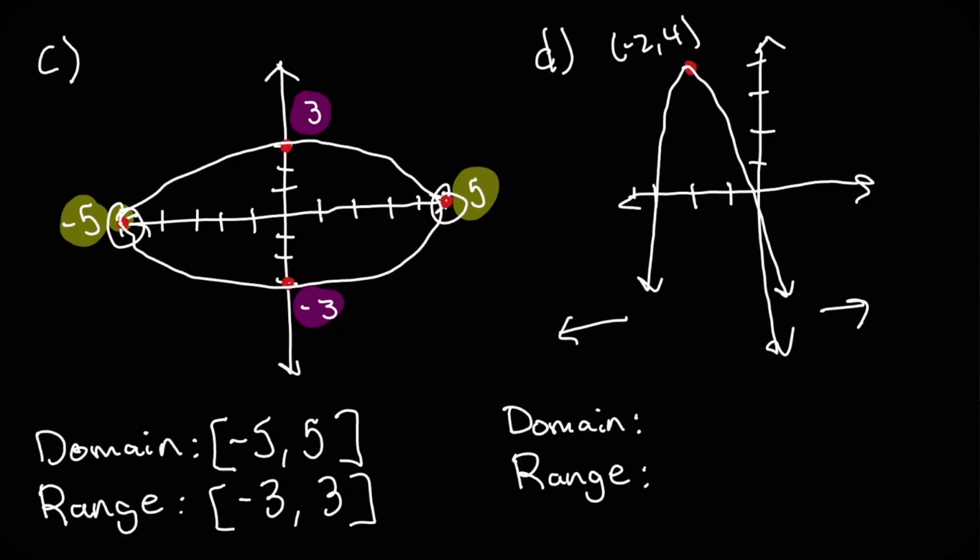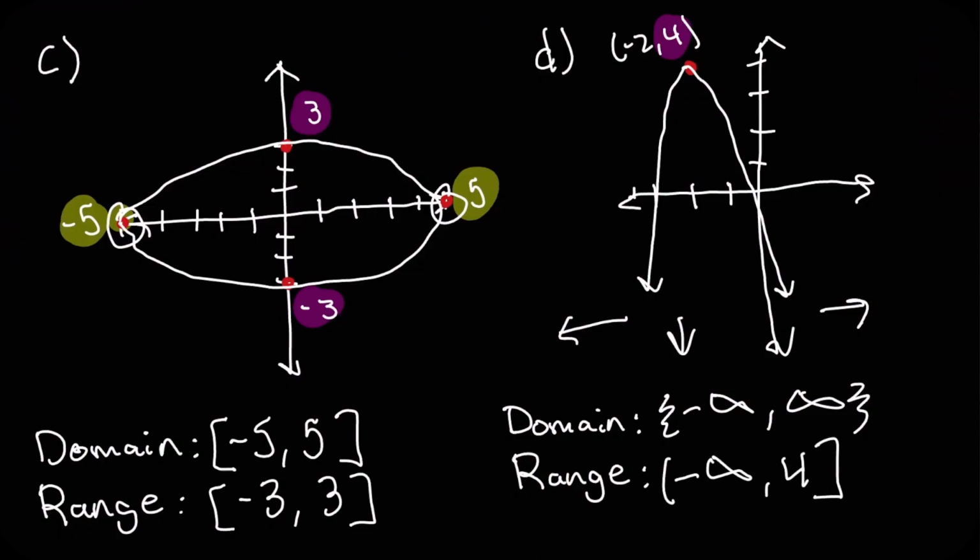So we can go ahead and write our domain, negative infinity to positive infinity, and then our range. The tallest we ever go is going to be this 4 here, but notice how we keep going down for infinity. So in this case we'll have negative infinity all the way to our positive 4.